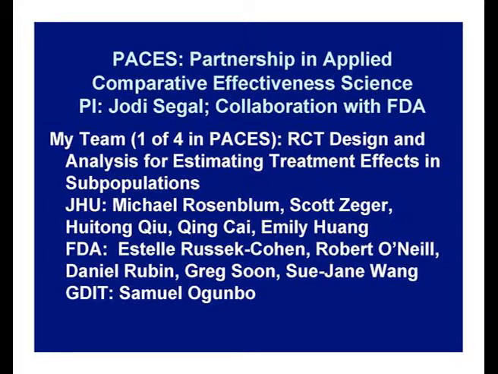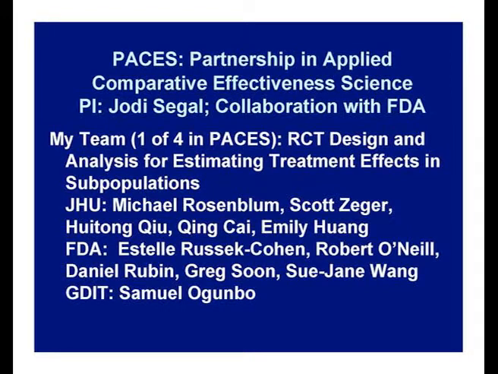Our team focused on randomized trial design and analysis for estimating treatment effects in subpopulations, essentially what I'm talking about today. And there are many people involved. It's myself and Scott Zeger, and then 3 students, Huitong Qiu, Ching Tsai, and Emily Huang, working with me on different parts of this.